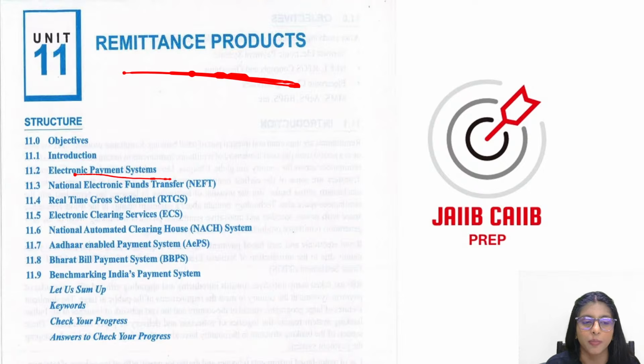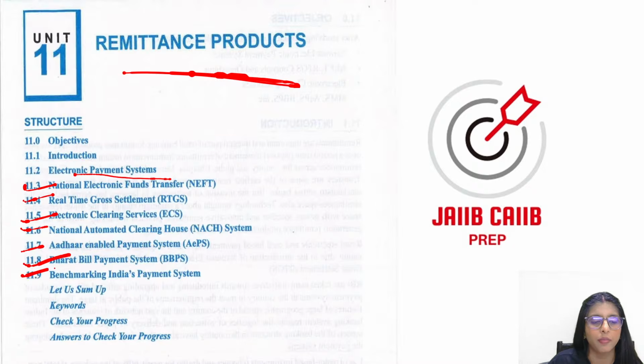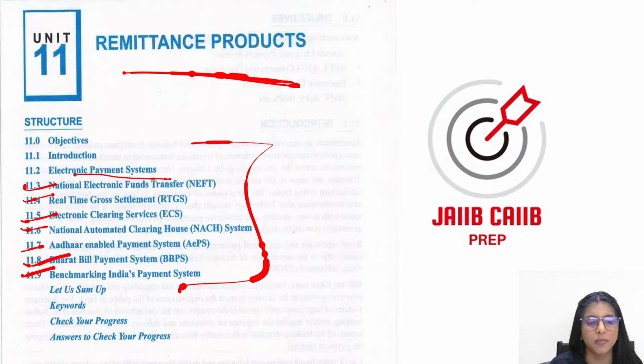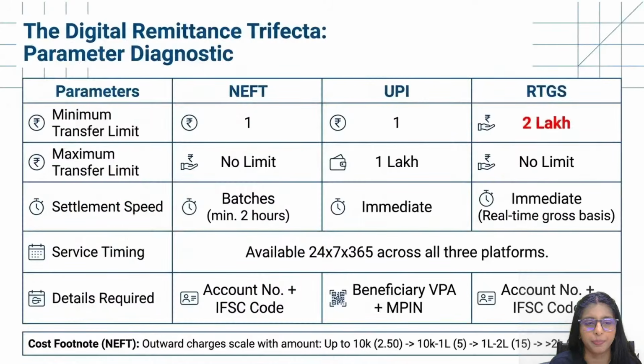NEFT, RTGS, ECS, UPI, Aadhaar Enabled Payment System, Bharat QR, benchmarking in India are all types of electronic payment systems. This unit is small but the topics are very important. Okay, next slide.